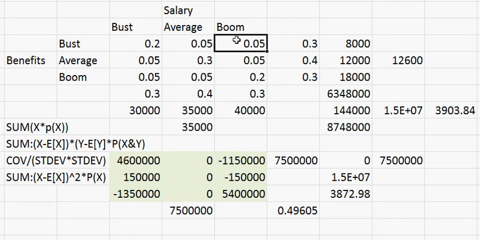We have these off diagonal elements, so that sometimes we're busting when it's a boom, and sometimes we're booming when it's a bust. But generally, they will stick together. So that is a full covariance calculation with expectations and variances and ultimately the correlation coefficient.